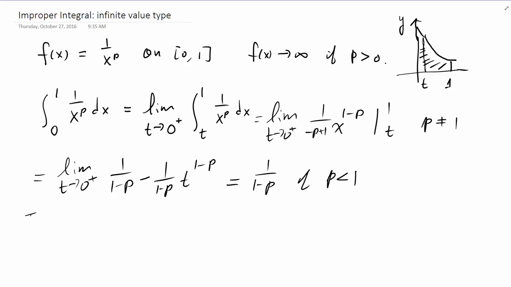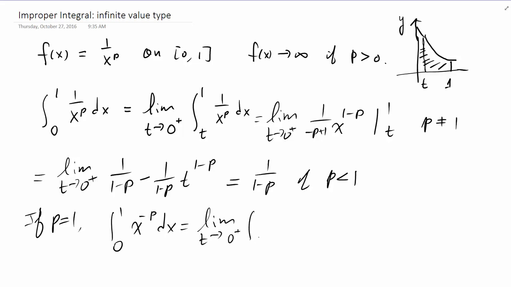What if p is equal to 1? You will see this equal to 1 case is always somehow on the borderline. If p is equal to 1, then we have the integral from 0 to 1 of x to the power negative p dx, and we still have a limit, t approaching 0 from the right hand side, of the integral from t to 1 of 1 over x dx.